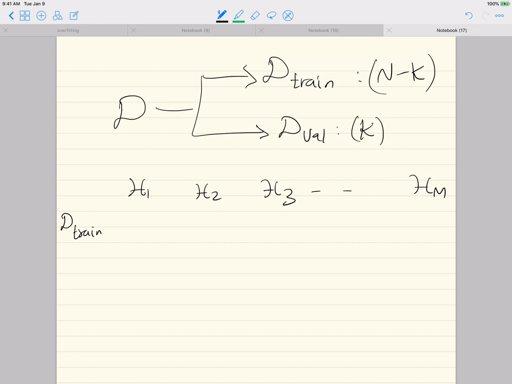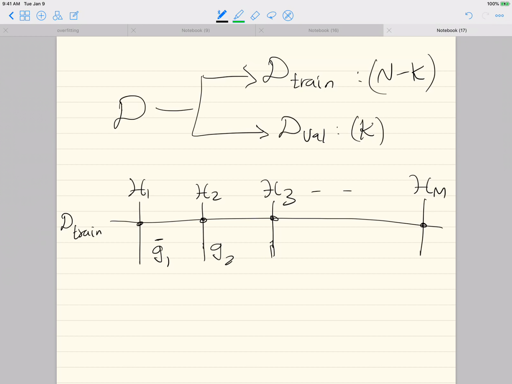So we take D train and train it on hypothesis H1, and on hypothesis H2. When we train it on H1, if H1 is the set of linear classifiers, we'll get the best linear model. We'll call it G1 minus, with a minus because we're training it on a subset of points. This will be called G2 minus, G3 minus, up to Gm minus.